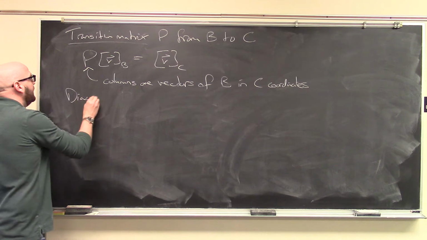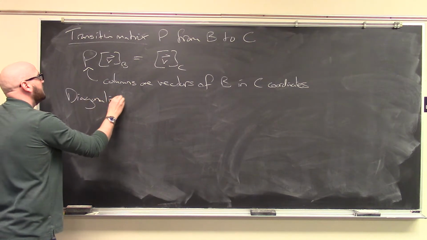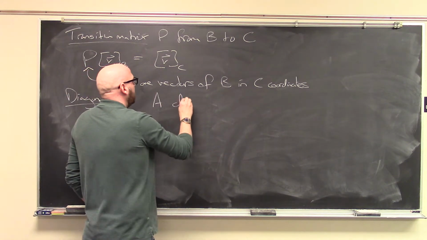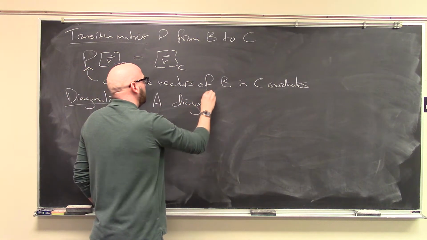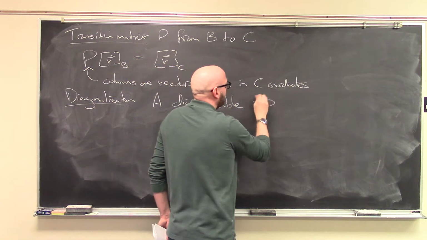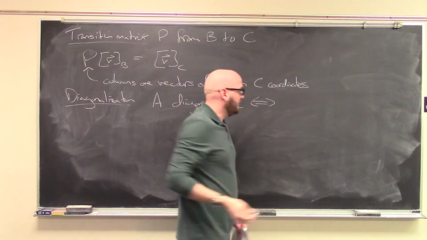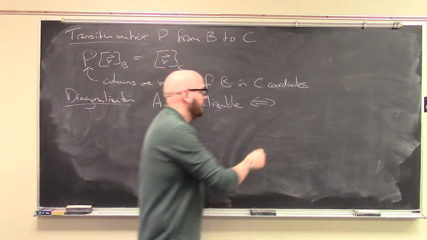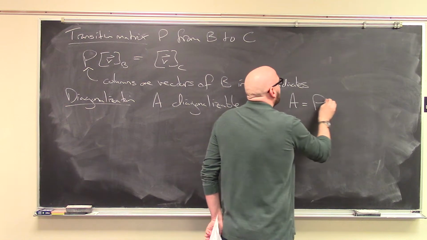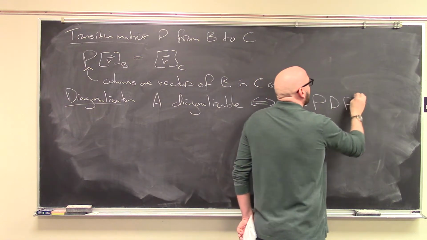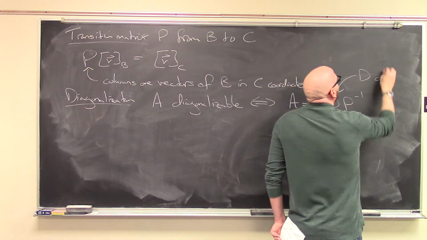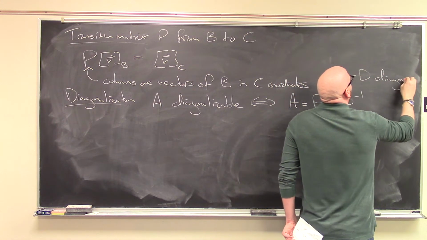And secondly, let's recall diagonalization. A is diagonalizable, what does this mean? If and only if. It's really a definition, but I'll write it as an if and only if statement. If and only if A can be expressed in the following way, as P times D times P inverse, where D is a diagonal matrix.